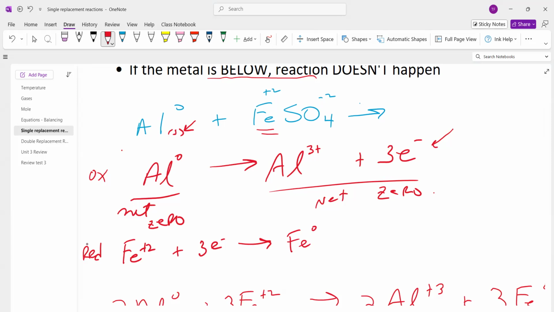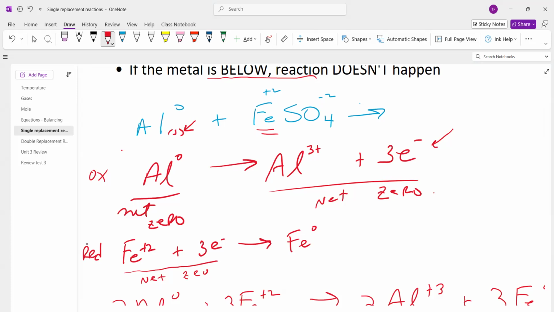Okay, so is this net zero? Is 3 the same as 2? No. So what are we going to do? How can we fix this? Remember we were balancing equations and we had a 2 and a 3. What did we do? Yeah, so we're going to have like a lowest common denominator kind of deal.